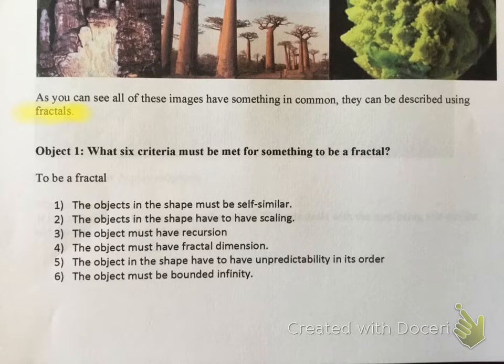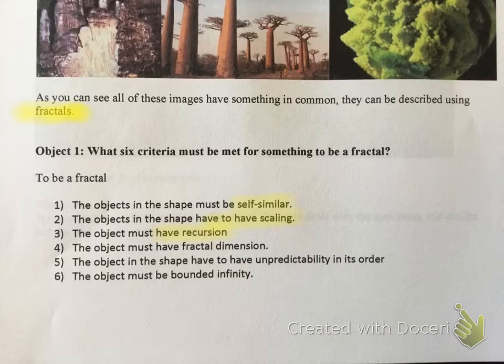For something to be a fractal, the objects in the shape must be self-similar. And I will give you an example of all these, by the way. 2, the objects in the shape have to have scaling. So there has to be large objects and then smaller objects that look like the large object. The object must have recursion, and that's a rule, and we'll talk about what that is in a couple minutes.